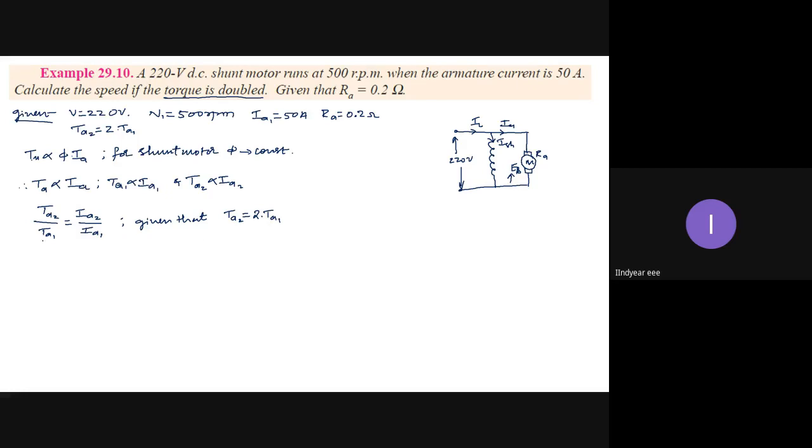So TA2 is 2 times TA1. So I can write 2 into TA1 divided by TA1 equals IA2 by IA1. So this will go out. IA2 I don't know, IA1 I know, which is 50 amperes. Therefore IA2 equals 2 into IA1, which is 2 into 50, that is 100 amperes.